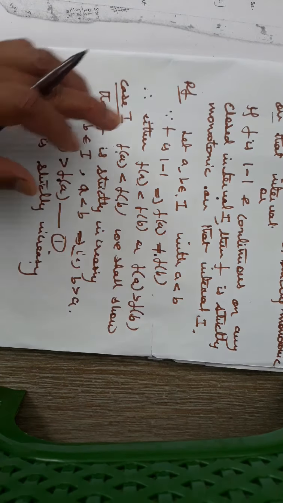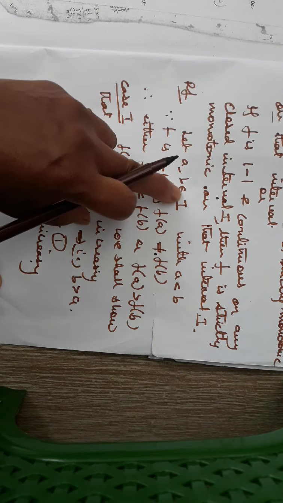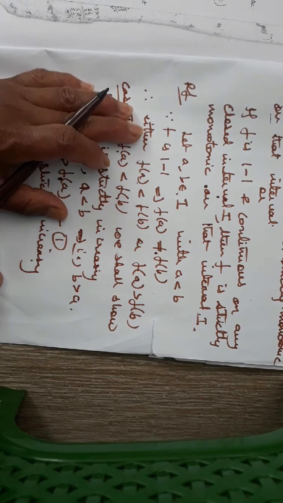Now what we have to do is show that whatever points you take in any open interval AB, f of x is strictly increasing in that interval also.